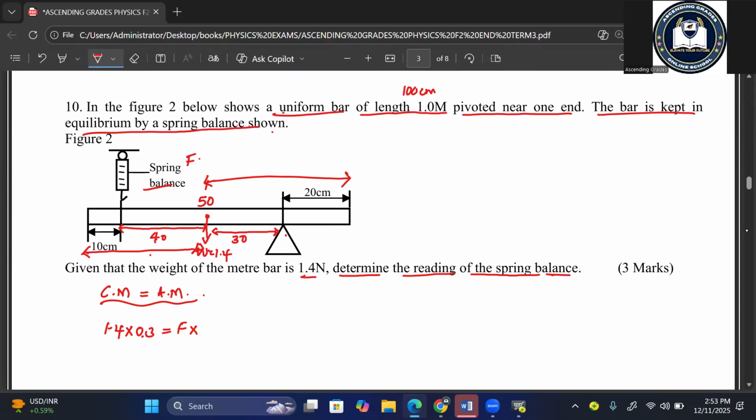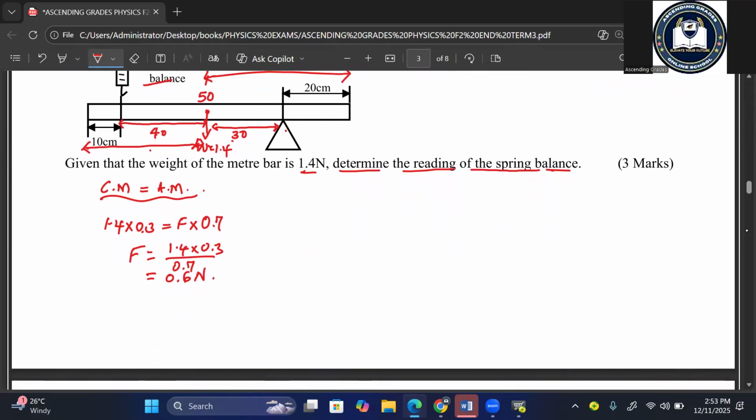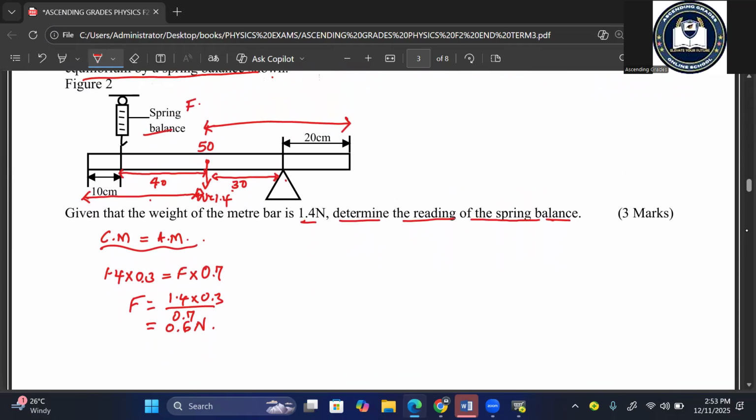So 40 plus 30, you get 70 centimeters, which is 0.7 meters. So we make F the subject of the formula, which will be 1.4 times 0.3 divided by 0.7, and you get 0.6 newtons.